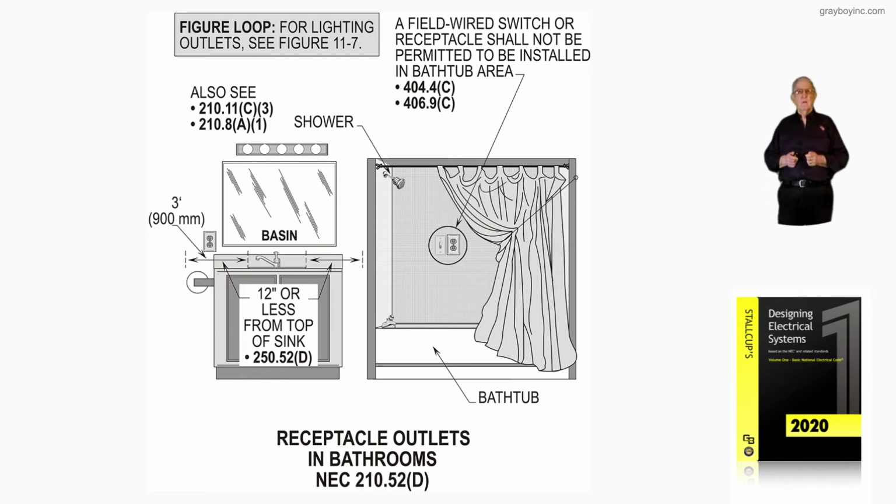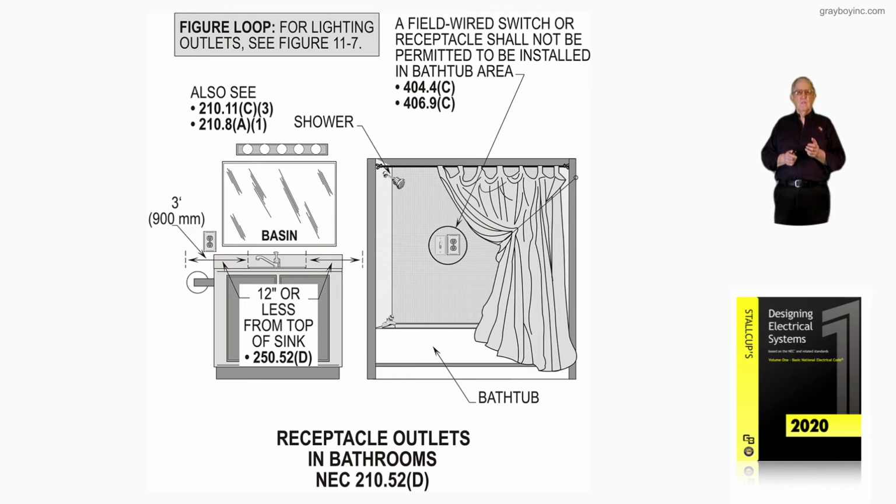On the wall is where we should put it if possible, but if a wall-to-wall mirror, for example, prohibited that, then you could locate it somewhere in the cabinet area down below if it didn't interfere with a drawer or a door opening or something like that.